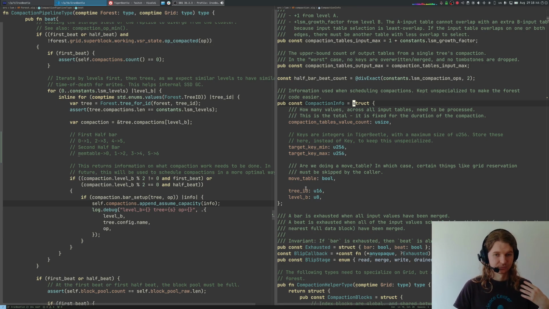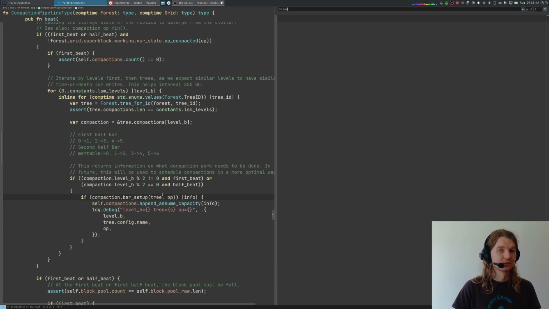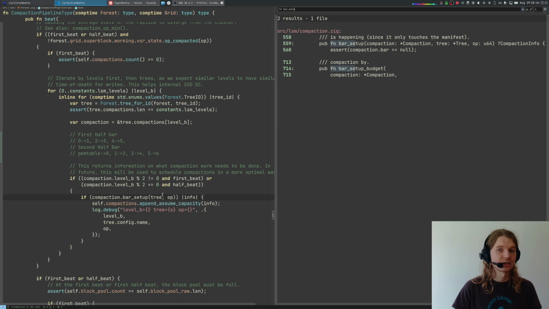And the key thing is this tree ID. So I think here tree ID is comptime, and here tree ID is runtime. Let's see how tree ID is set up.